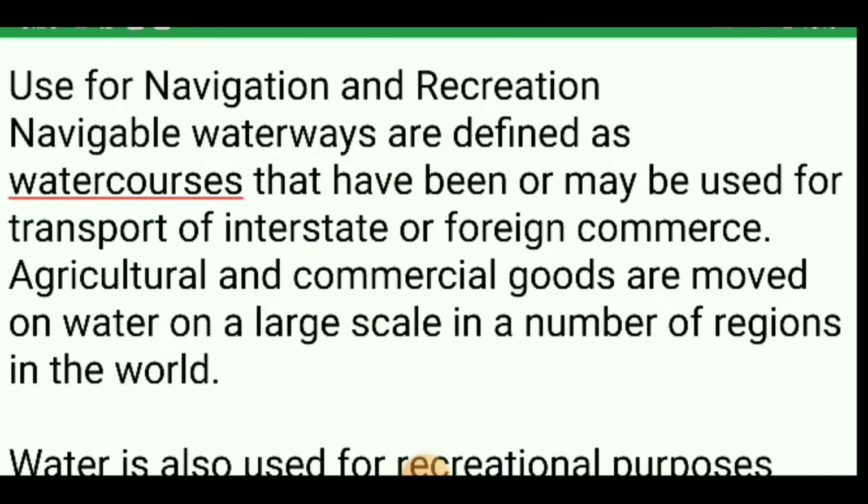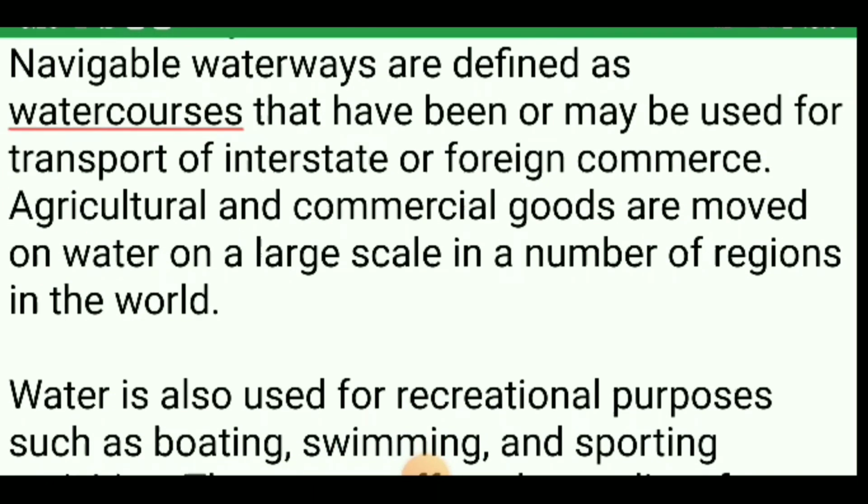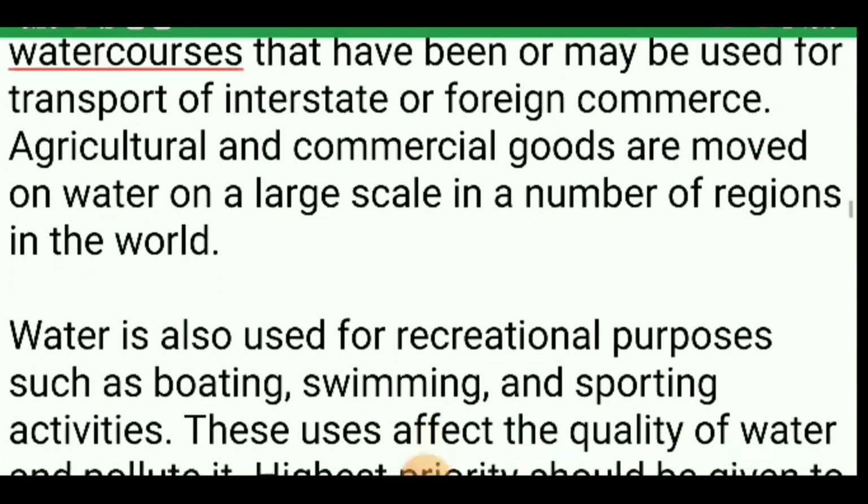Navigable waterways are defined as water courses that have been or may be used for transport of interstate or foreign commerce. Agricultural and commercial goods are moved on water on a large scale in a number of regions of the world.